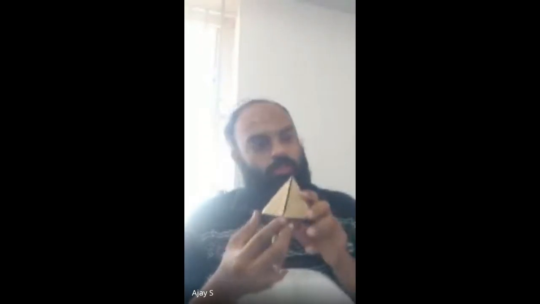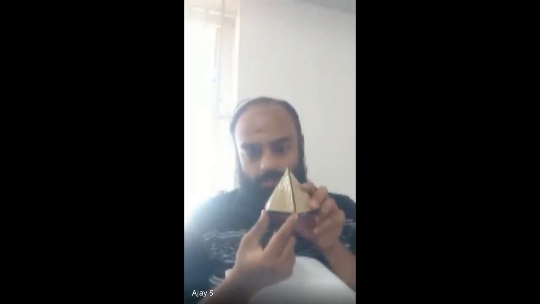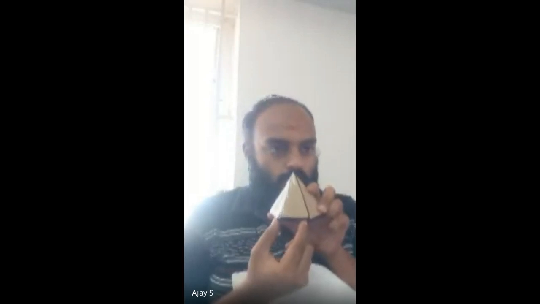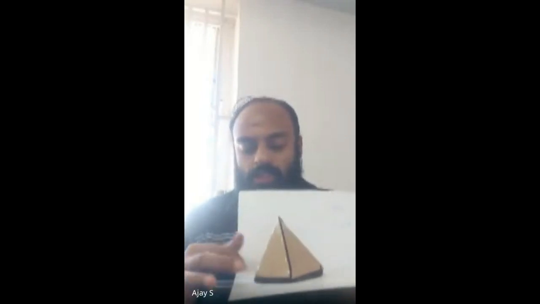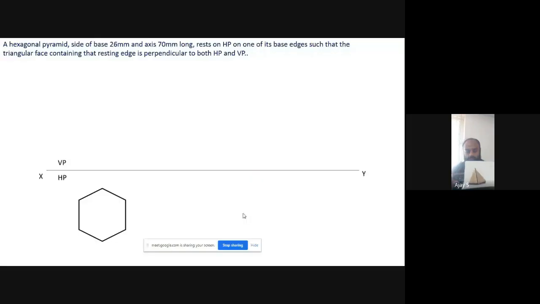So next problem, you have a hexagonal pyramid with a base edge of 26 mm and an axis 70 mm long. It rests on HP, same problem, such that the triangular face containing the edge is resting, perpendicular to both HP and VP.